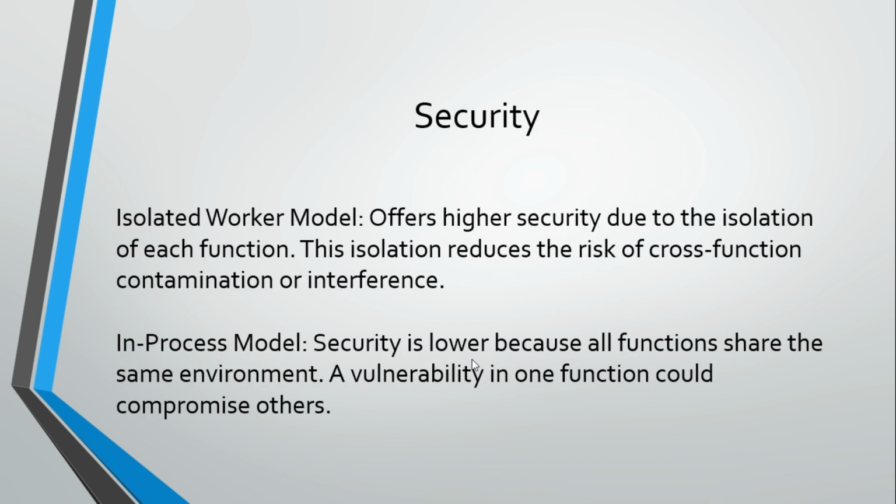Security: the isolated worker model offers higher security due to the isolation of each function. This isolation reduces the risk of cross-function contamination or interference. In the in-process model, security is lower because all the functions share the same environment. A vulnerability in one function can compromise others.